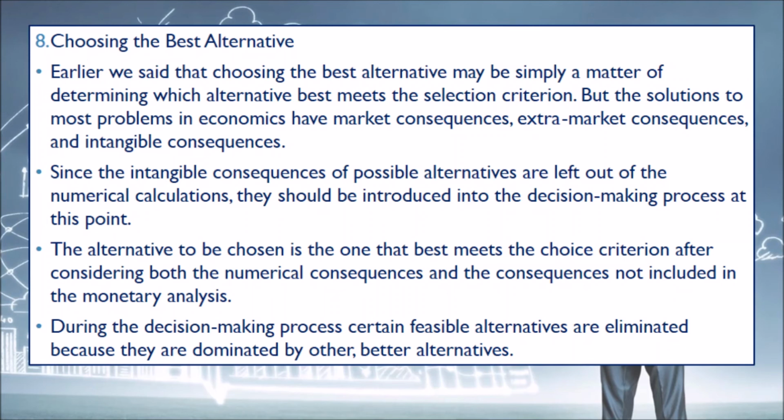The alternative to be chosen is the one that best meets the choice criterion after considering both the numerical consequences and the consequences not included in the monetary analysis. During the decision-making process, certain feasible alternatives are eliminated because they are dominated by other better alternatives.